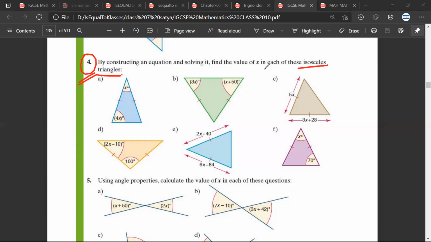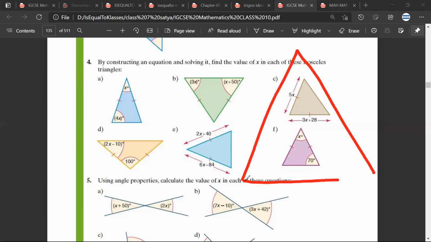Okay. So Satya, what is an isosceles triangle? The triangle with the two same sides. Equal sides. Yeah, equal. So if this is a triangle ABC, and if two sides are equal, any two sides are equal, then this is an isosceles triangle. Sarthak, any doubt? No, sir.